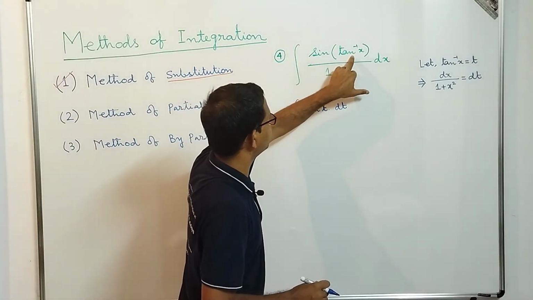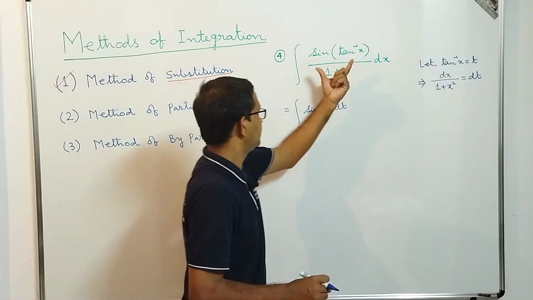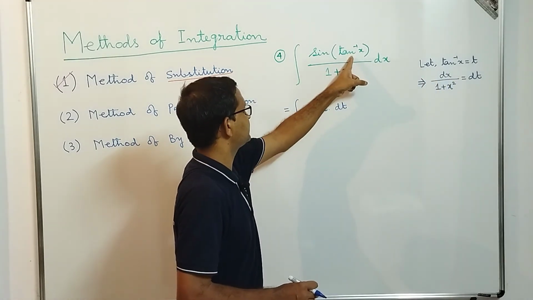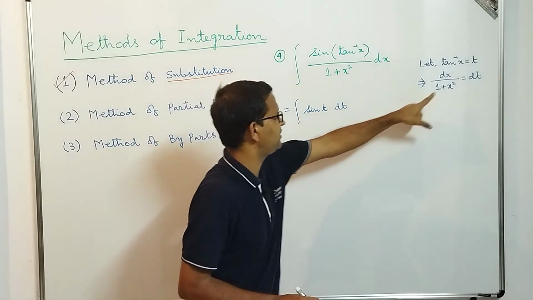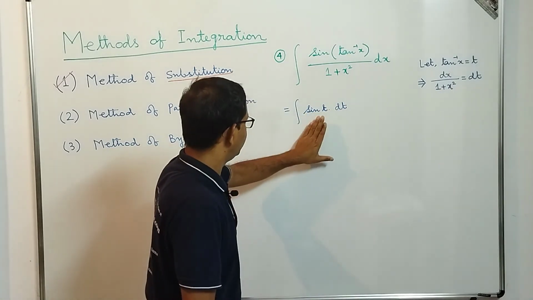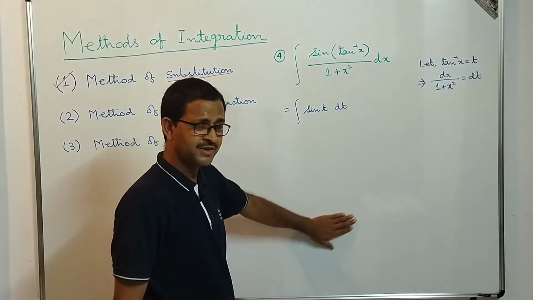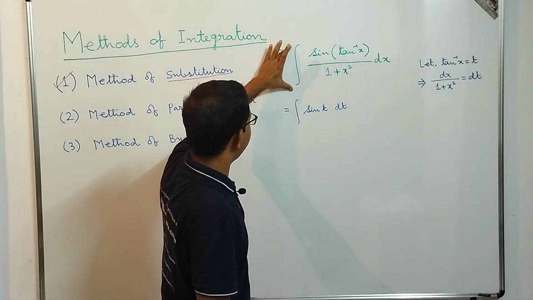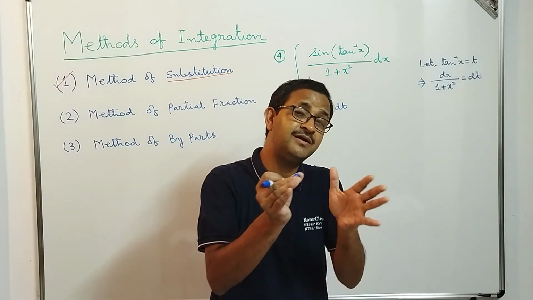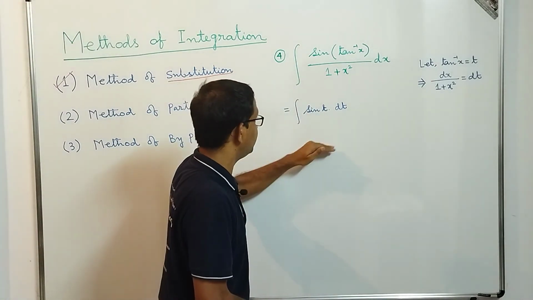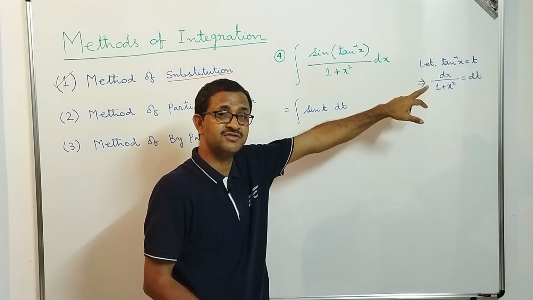Sine of tan inverse x, instead of tan inverse x we write t, so we get sine of t, and dx by 1 plus x square is equal to dt. So sine t dt. You see, just a minute back, the given integration looked apparently difficult, but becomes so simple by means of that effective substitution.